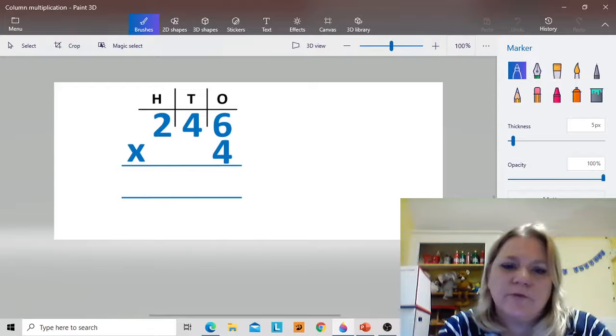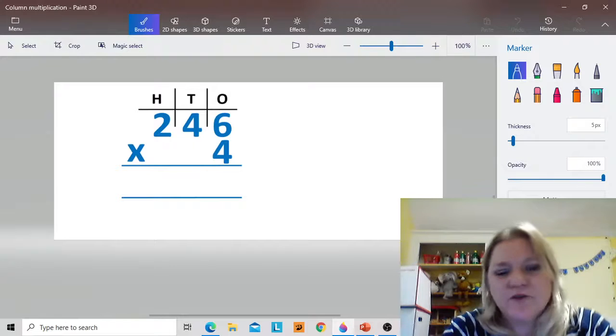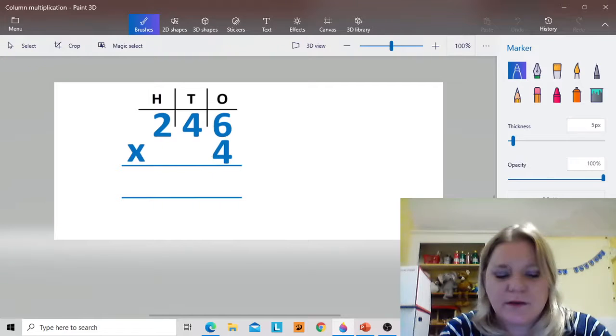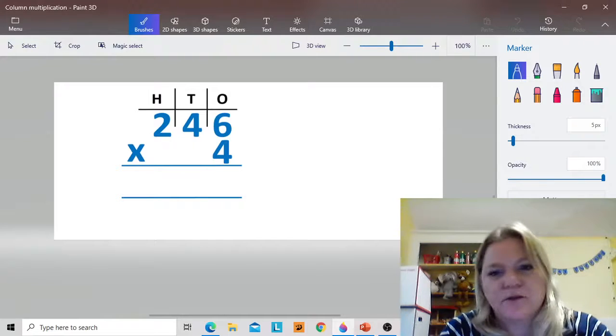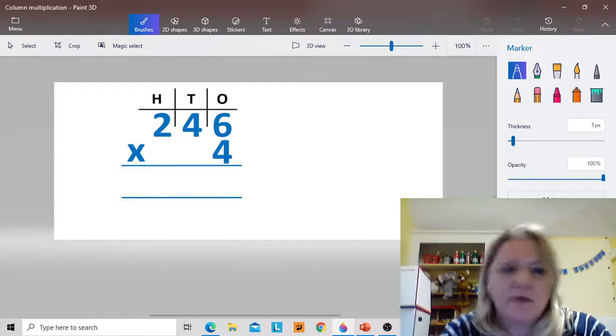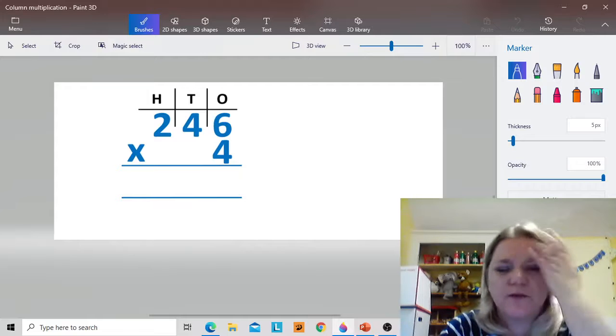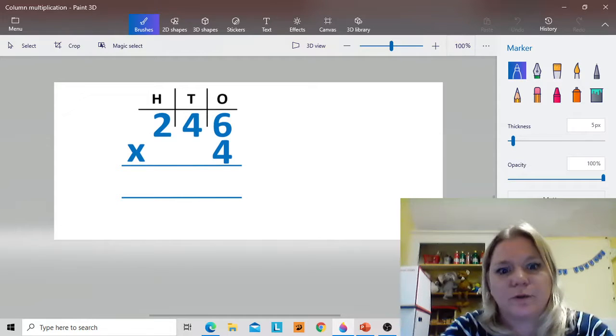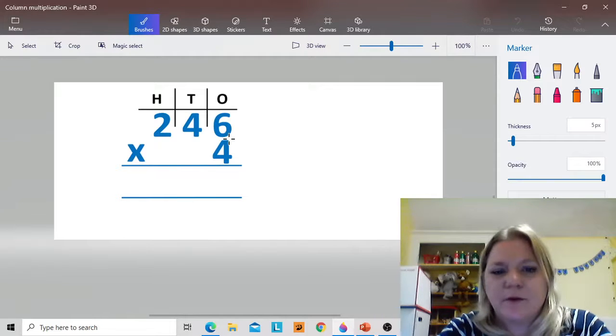So following on from what we did yesterday, I'm just going to go through with you how we multiply a 3-digit number by a 1-digit number, and just recap on when we regroup between the different place value columns, okay? So remember, we set out our column multiplications like this, and we need to multiply everything in this 3-digit number by the 4.